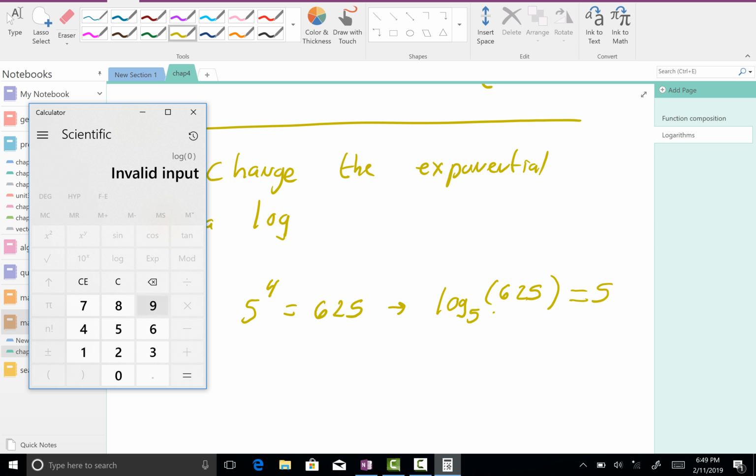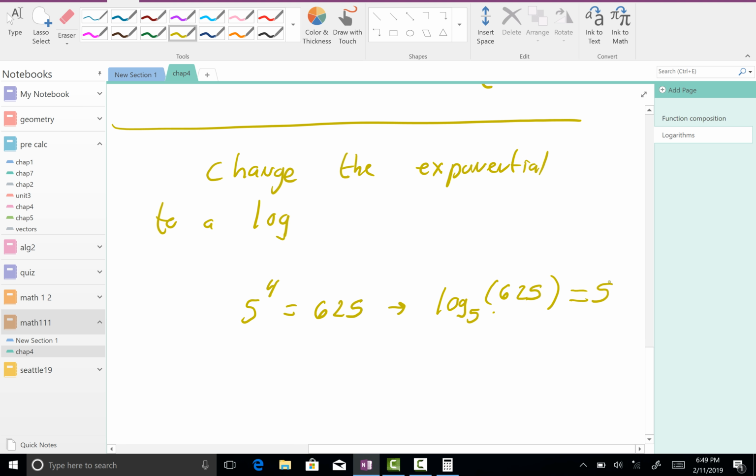So I have to do it a little differently. There's the 4 I was looking for. Oh, this isn't 5, this has got to be 4. I don't know why I wrote a 5 there.